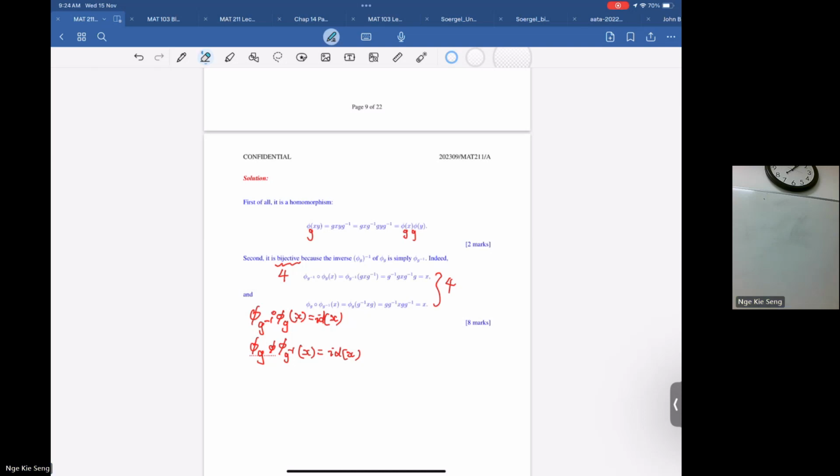But what is this? This doesn't exist. Do you know it exists? Because L is an inverse, so there must be an inverse of L, right? No. I didn't tell you whether L is invertible or not. I just tell you that a left inverse and a right inverse of an element exist. I didn't tell you whether the inverse of the left inverse exists, the inverse of the right inverse exists, or the inverse of x exists.